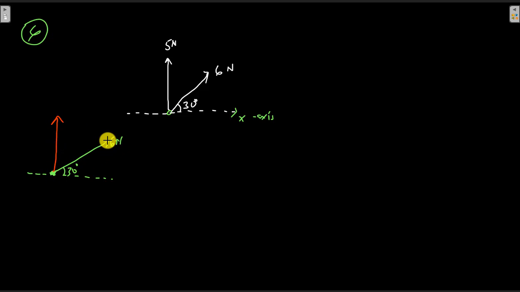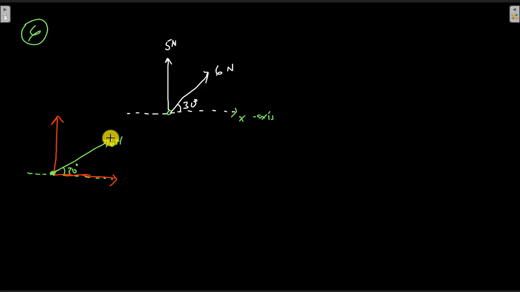Before we had the 6 newton force, we had some force here and another force here. After adding those two forces together, we came up with the 6 newton force. So let's find out what these original forces were.